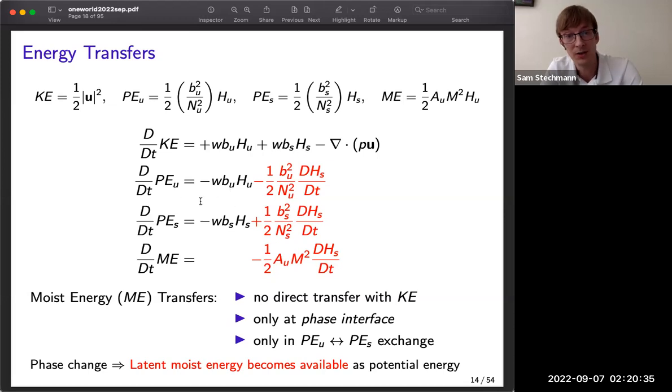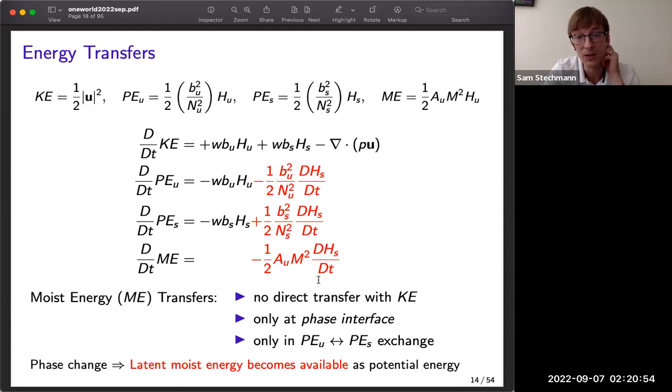And the potential energies are contributing to those transfers with kinetic energy. And this moist energy has a contribution only at the phase interface. So I'm writing these as derivatives of Heaviside. They're basically Dirac deltas right at the phase interface.